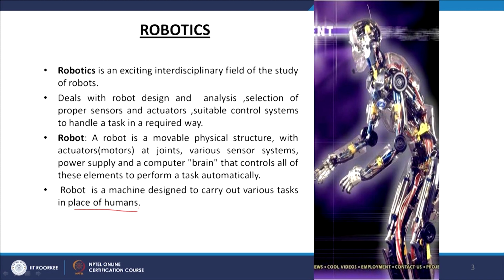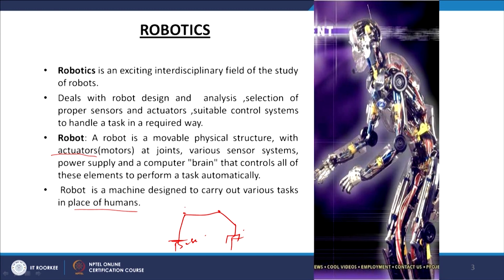We can say that broadly a robot manipulator has various links and joints at the connection of the links, and there is a hand or the end effector of the manipulator, and a base, and it also will have actuators.